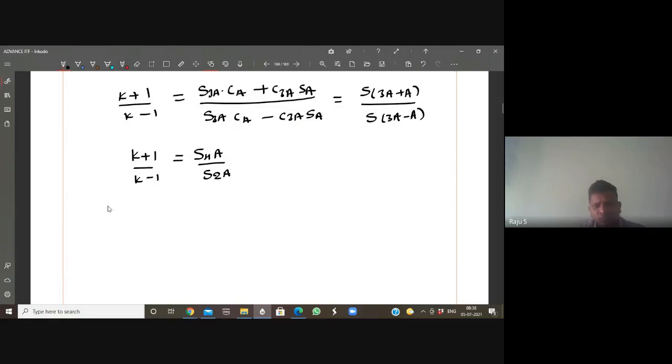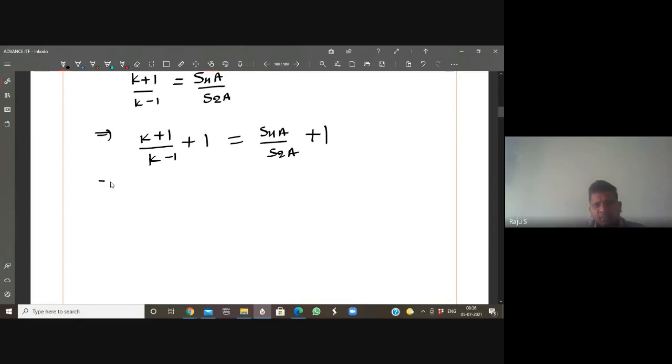For that, what to do? Simple. Here I want to apply componendo dividendo again, or else do one thing: in k minus 1, I want to cancel the plus 1 in the numerator. For that, I add plus 1: sin 4a by sin 2a plus 1. Instead of componendo dividendo, I'm adding. Now take the LCM.